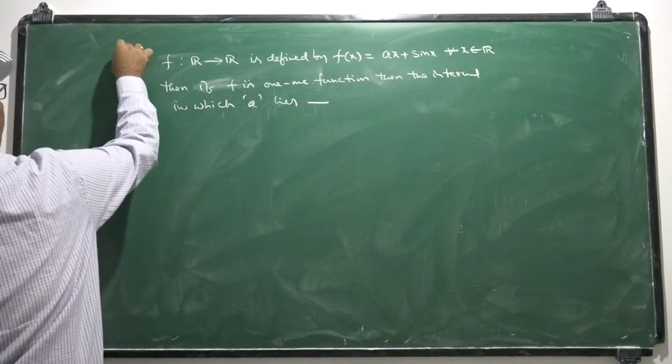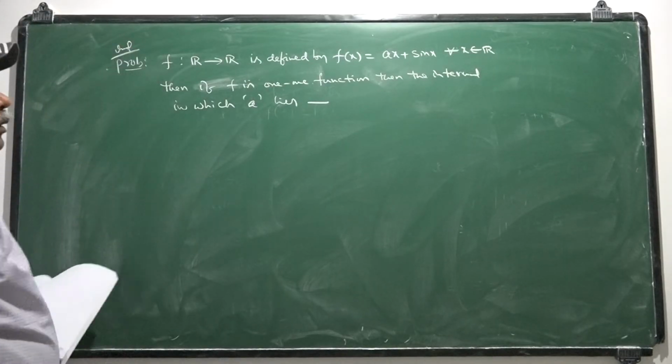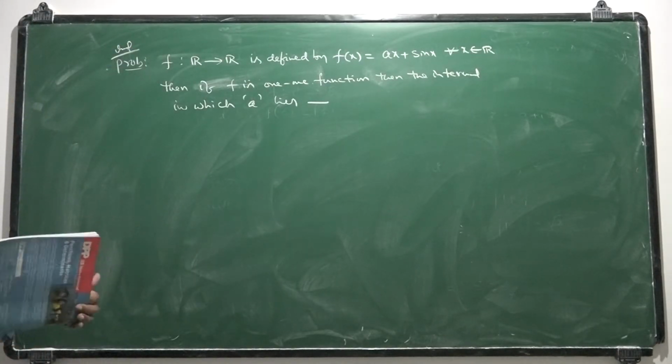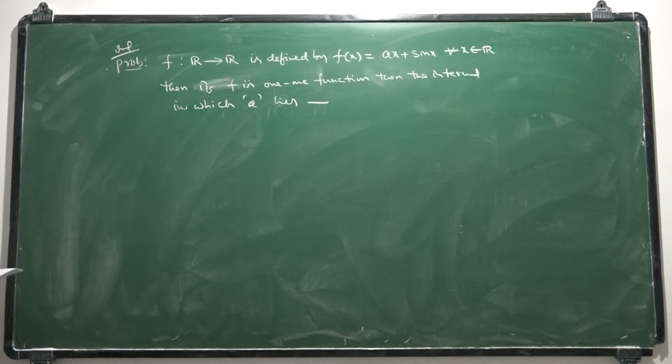This is one important one. f(x) equal to ax plus sin x for all x that belongs to R, and f is given as one-one. Then the interval in which a lies.